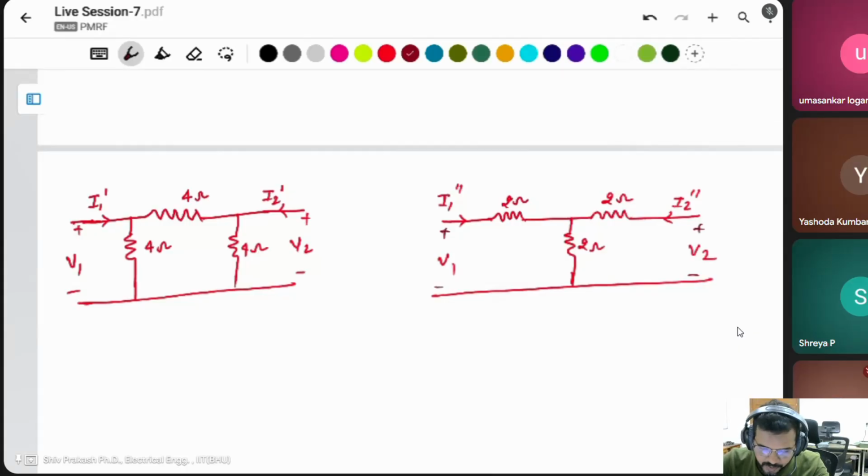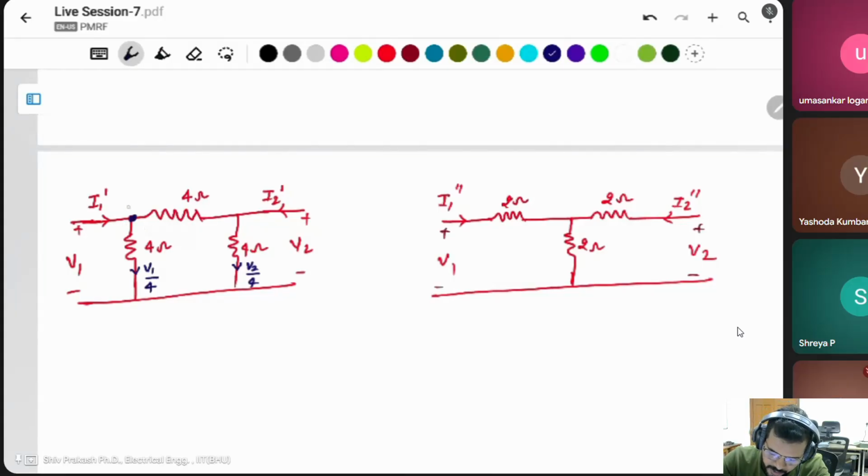To find the current, we have to use KCL. Suppose in this network, what is this current? The 4 ohm is directly connected to V1, so this will be V1 by 4. Similarly, this 4 ohm is directly connected to V2, so this current is V2 by 4. What is this current?